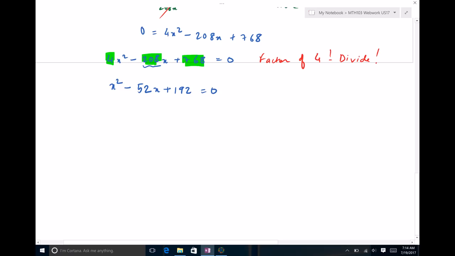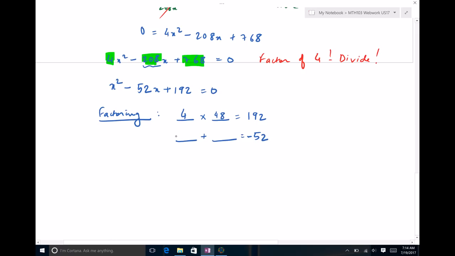Either you can solve this again by using the quadratic formula, or I'm going to solve this by using factoring. So I need to find two numbers which when multiplied give me 192 and which when added give me 52 or negative 52. That's going to be hard. So let's see. After working out some of the calculations and trying out some numbers, I come to the conclusion that it's 4 times 48.